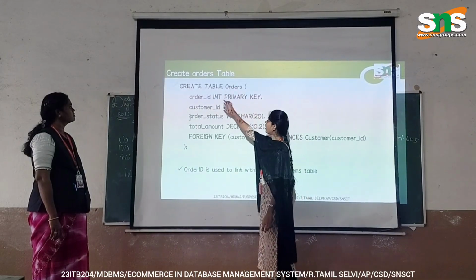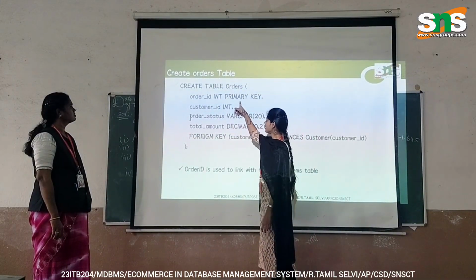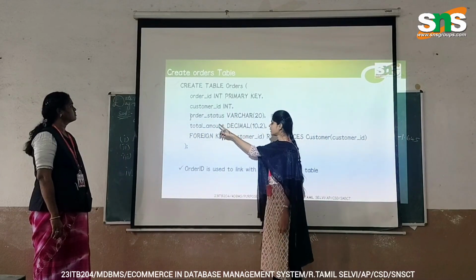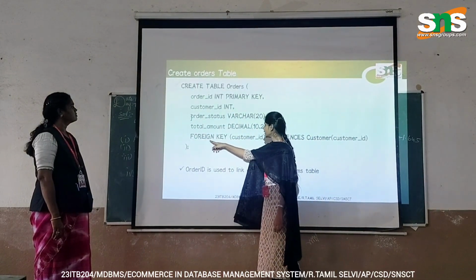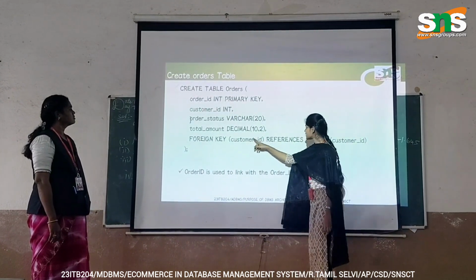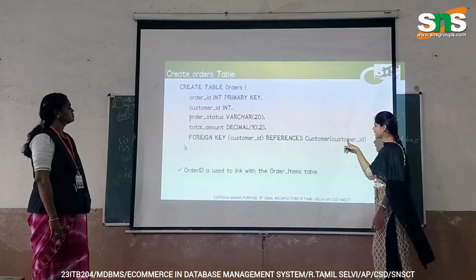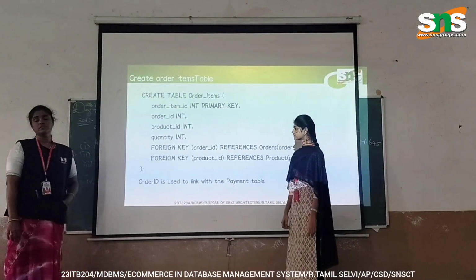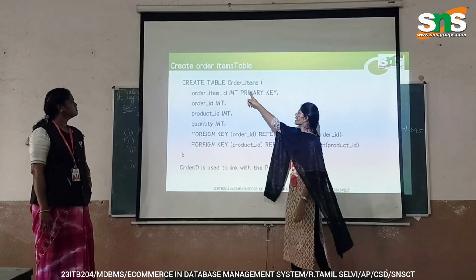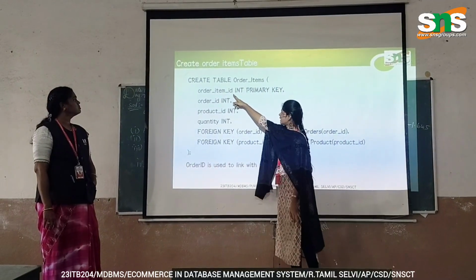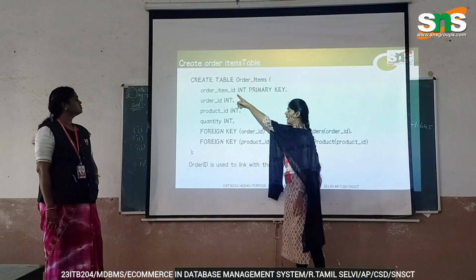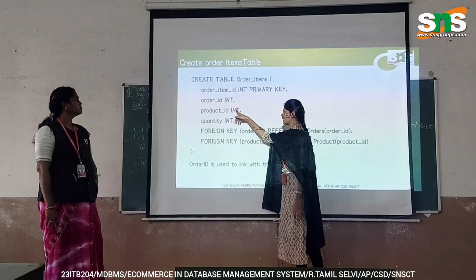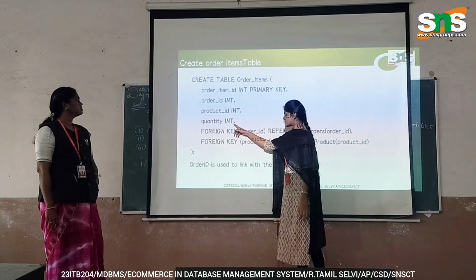And the order table. In the order table, order ID is declared as the primary key, customer ID data type is int, order status is varchar, and total amount is decimal, and the foreign key refers to the customer ID from the customer table. Next, the order item table. In the order item table, order item ID is the primary key, order ID data type is int, product ID data type is int, and quantity data type is int.